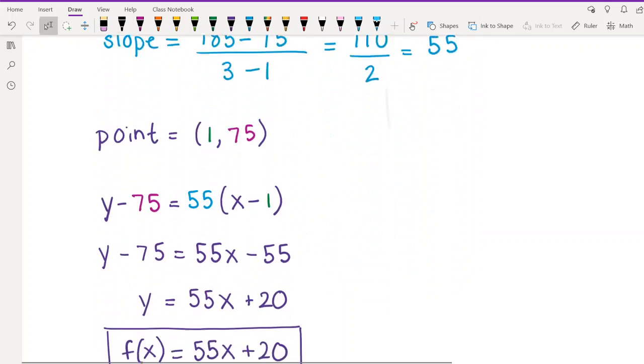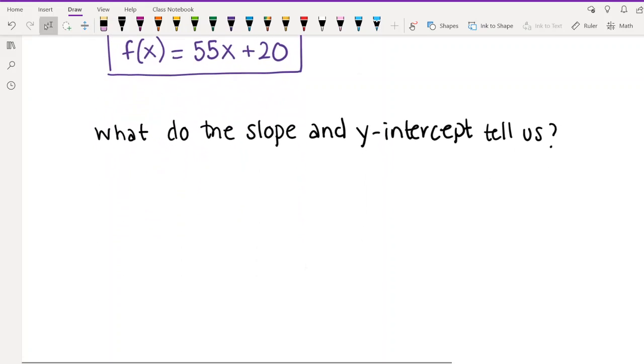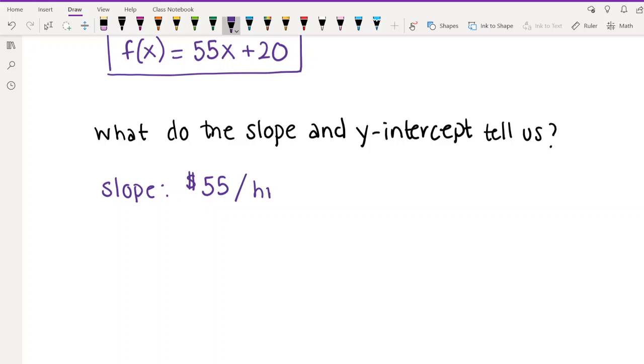And so that means that this slope tells us that the rate at which you are charged for this cleaning service is $55 per hour, right? So you're being charged $55 per hour for this cleaning service.